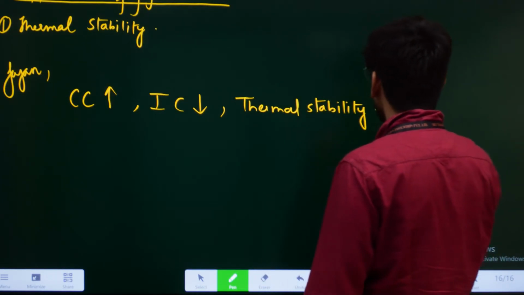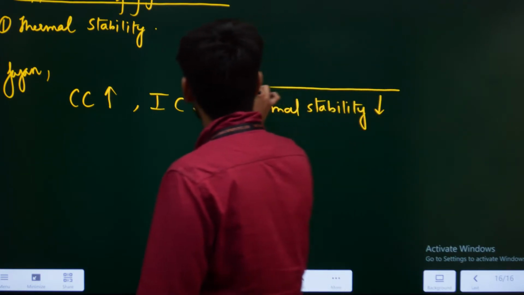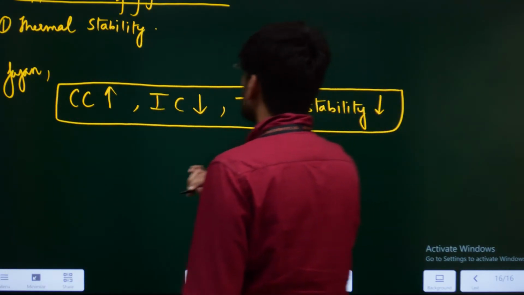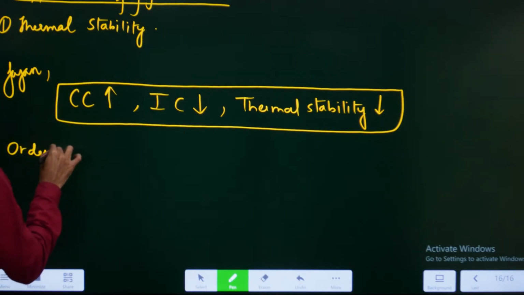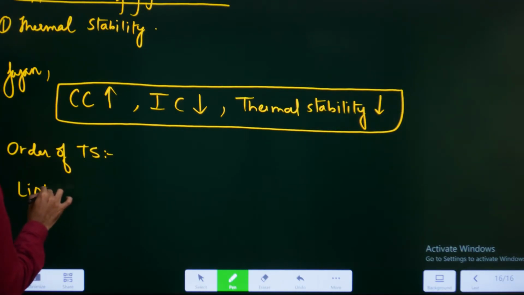Otherwise the thermal stability decreases. Yes or no? This is a statement given by Fajan. So according to this statement, can you please arrange the following in the order of thermal stability? Very quickly.